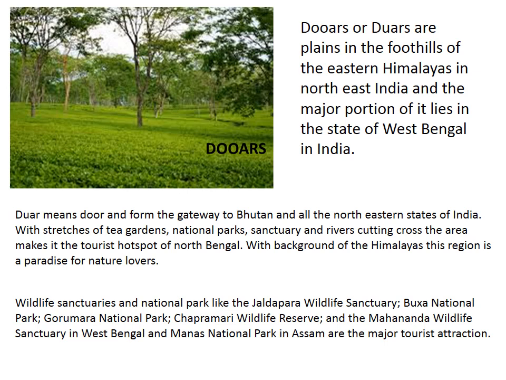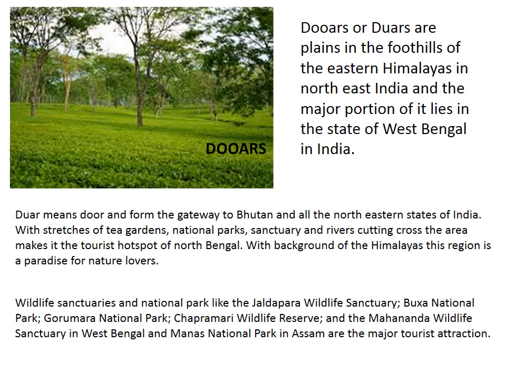With stretches of tea gardens, national parks, sanctuaries, and rivers cutting across the area, it makes it a favorite tourist spot in North Bengal. With the background of the Himalayas, this region is a paradise for nature lovers.